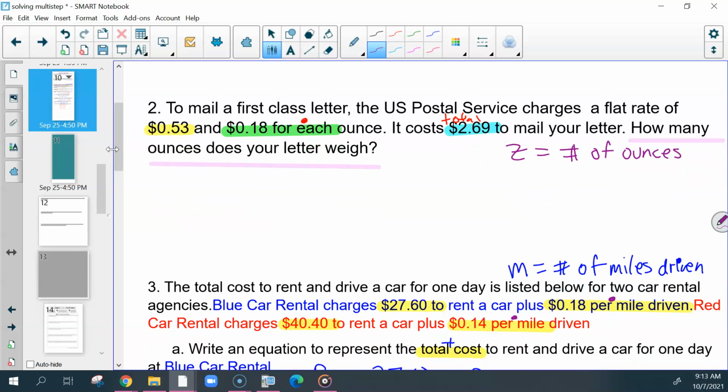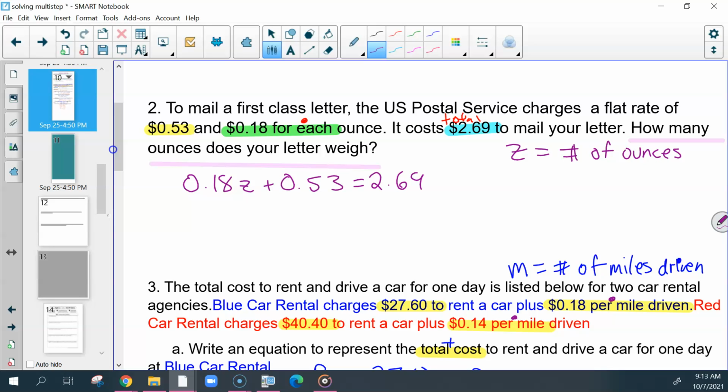How would we write this equation? So we have to count the flat rate, so plus 0.53. And if you put this the other way, 0.53 plus 0.18z, that's also fine.